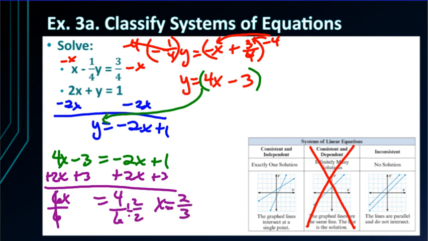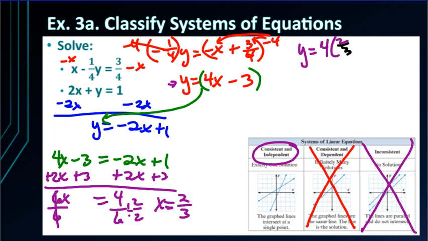Since I got an answer, I know it cannot be this one because for this one you cannot get an answer. So I know it's going to be consistent and independent. Because it's consistent and independent, I need to find the solution. So I found half of the solution. So I'm going to substitute 2/3 for x into one of the two equations I have above. I'm going to choose this one right here. So y equaling 4 times 2/3 minus 3.